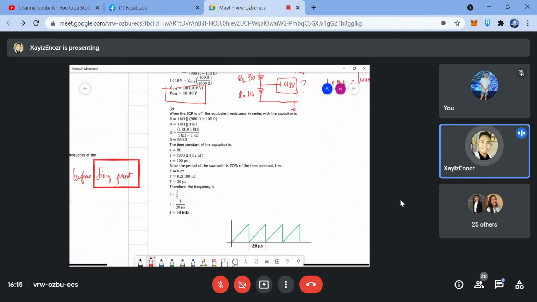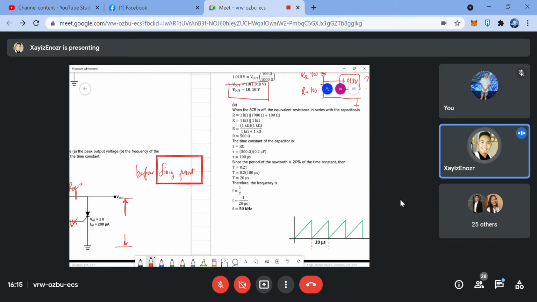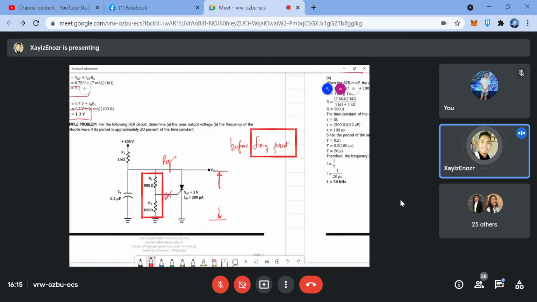So let's first take muna natin kung naka-off si SCR. Pag naka-off si SCR, ibig sabihin, wala tong side na to. Okay?